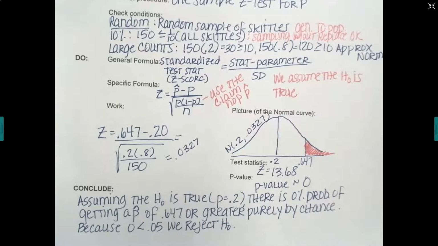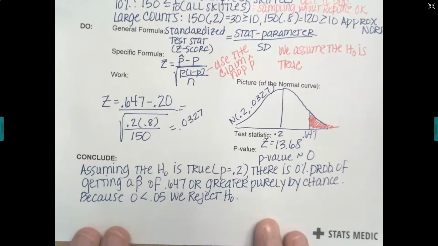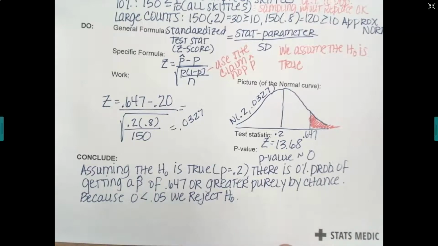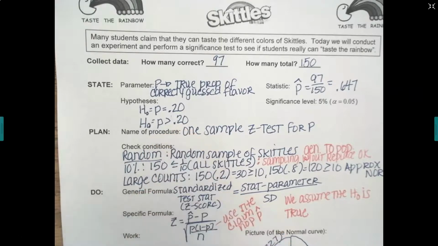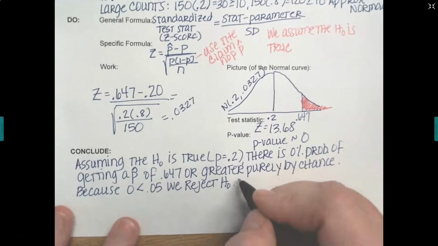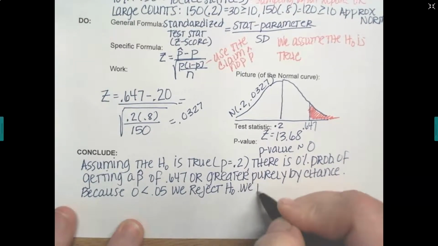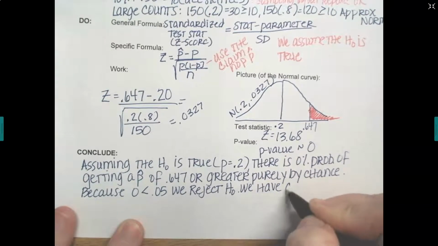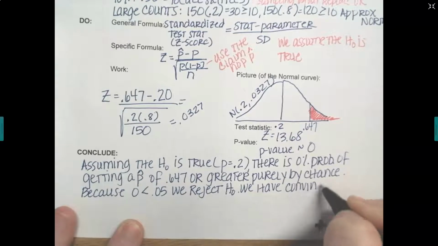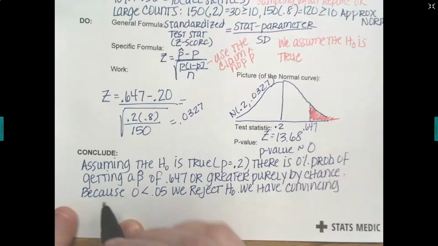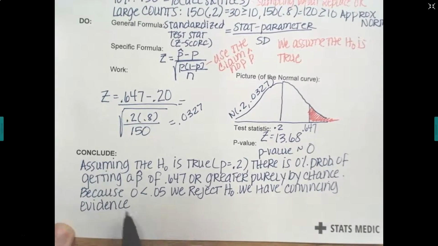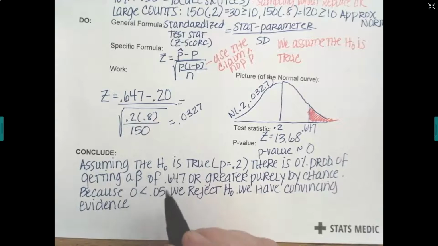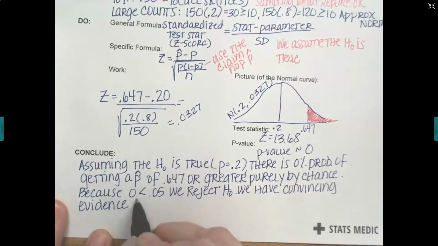Okay, so if we reject the null, what does that mean for our alternative? Our alternative was the probability was greater than 0.2. We have convincing evidence that this class can taste the rainbow.